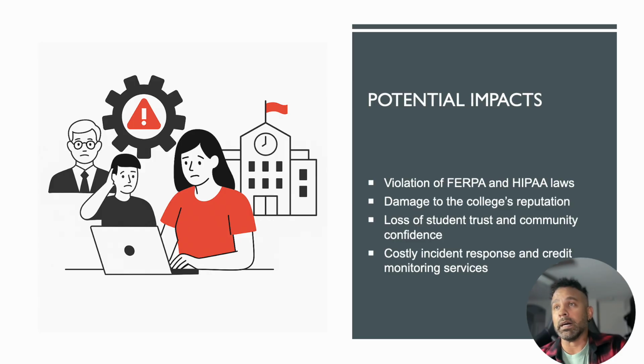It also damages the college's reputation. Who's going to trust us now, especially the students? And there's the costly incident response and credit monitoring services, so it's really bad in all aspects. It's not only with the government, but also the trust of the public that was really affected by this incident.